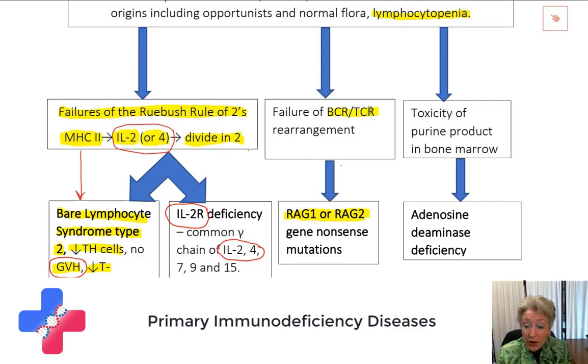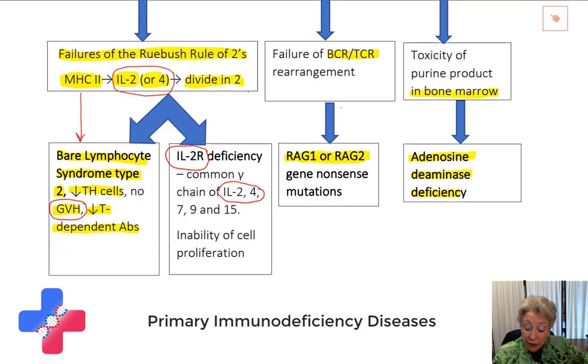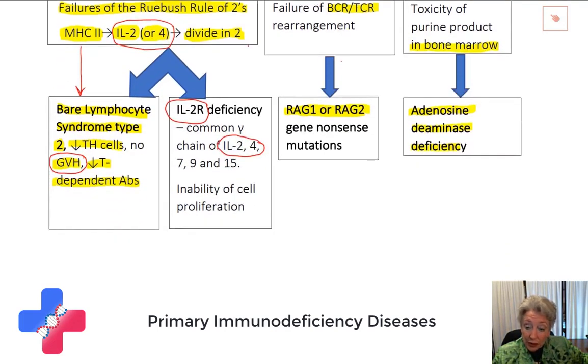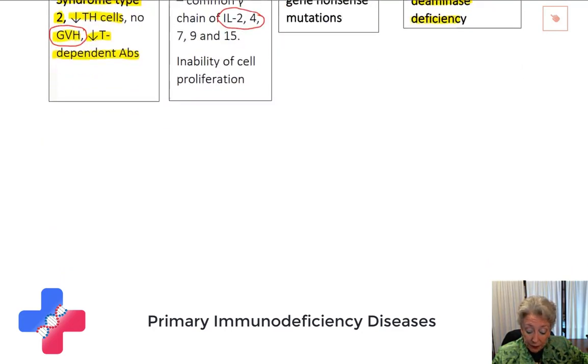Therefore, I have no B cells or T cells in the blood, and I have a severe combined immunodeficiency. Finally, adenosine deaminase deficiency results in a buildup of a toxic product of purine metabolism in the developing cells in the bone marrow, and as a result, I do not turn out any functional lymphocytes from that process of development. All right?